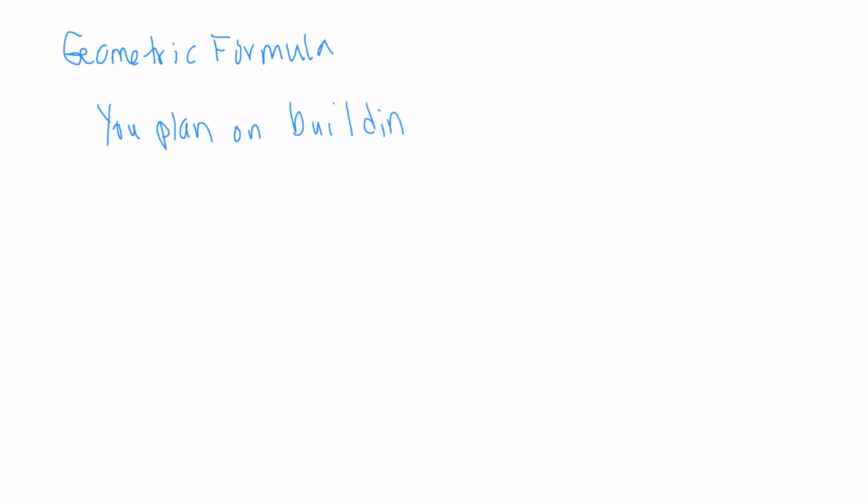The first type of example is where you're given a geometric formula. You would have done a lot of stuff like this back in unit one, not unit one, I keep saying unit one, I mean tier one. So back in tier one, when you were in the geometry unit, you would have done stuff like this before. So you could have something like this: you plan on building a circular patio.